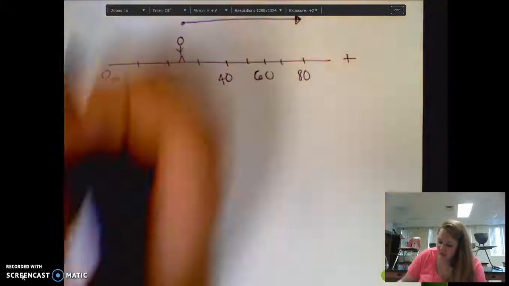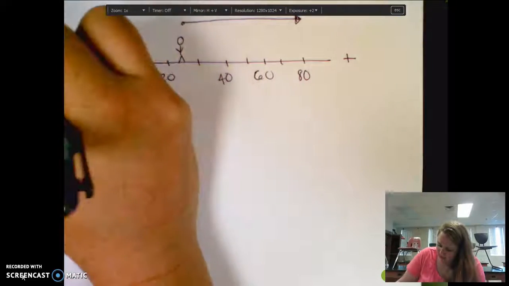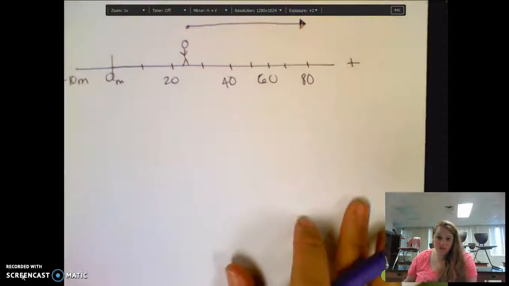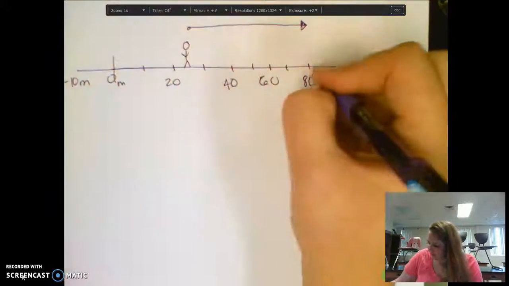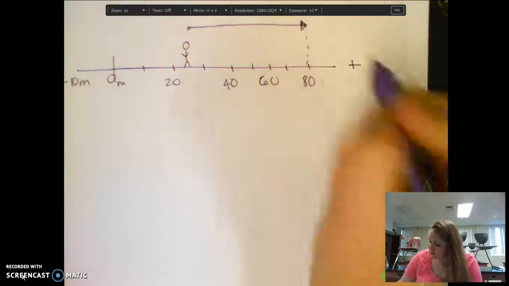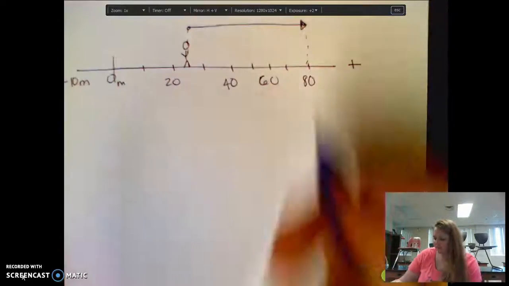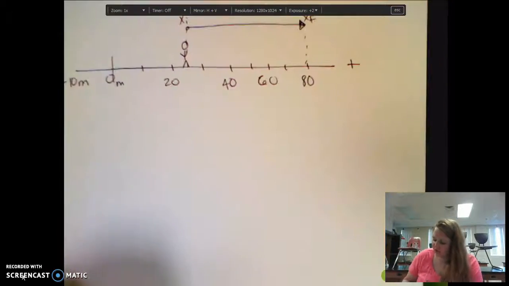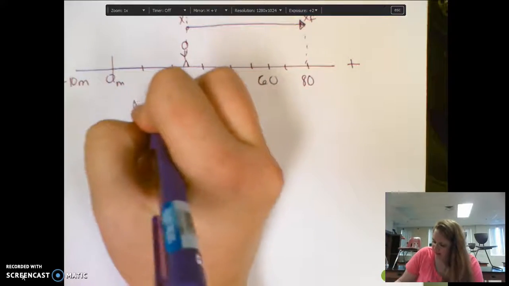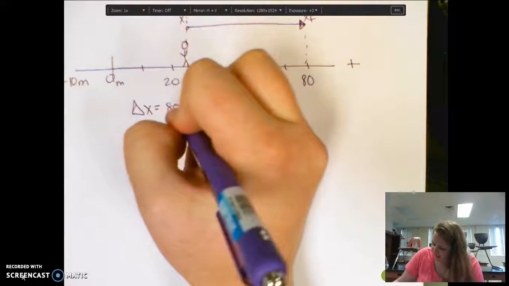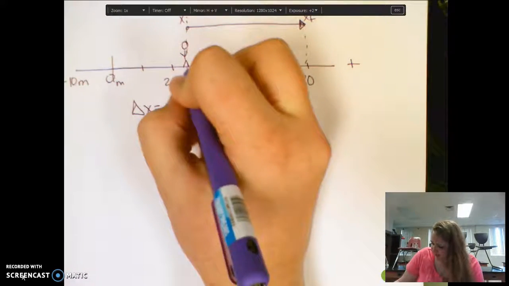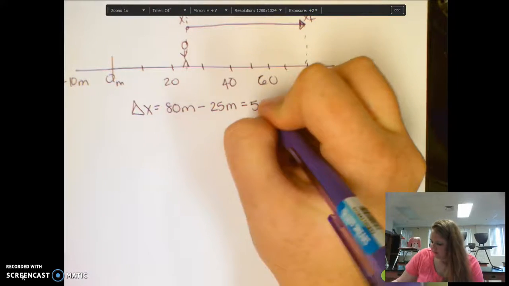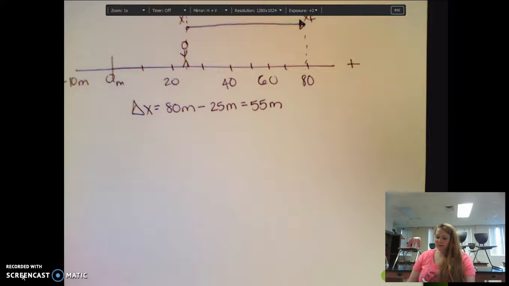This is my positive direction. Of course, if we were back here and that was negative 10 meters, that would be the negative direction. But if we're moving in the positive direction, and we end up right here, XI, XF, initial position, final position. My delta X, change in position, is 80 meters minus, looks like 25. So we have 55 meters is my displacement.